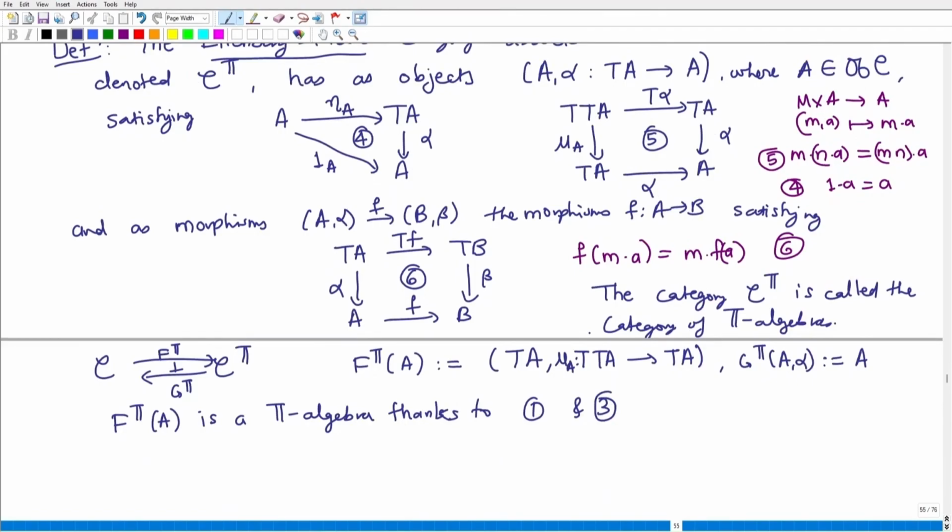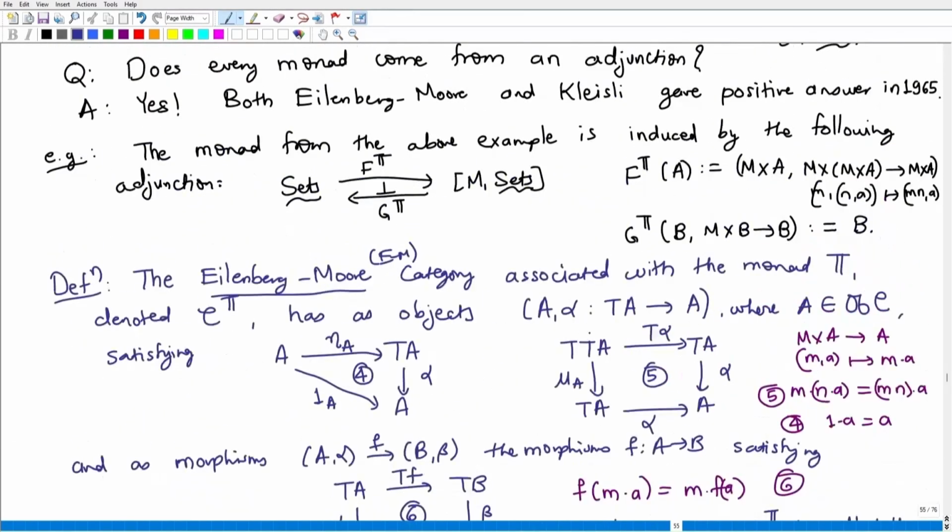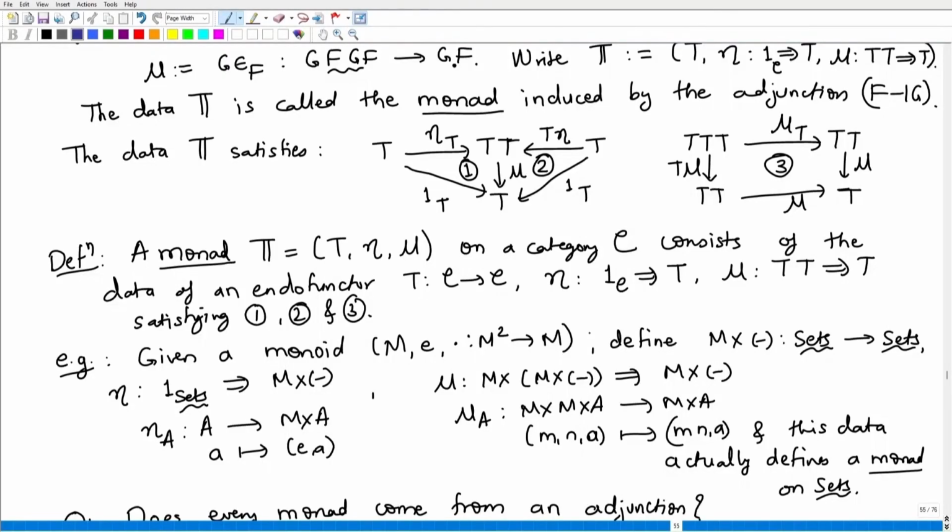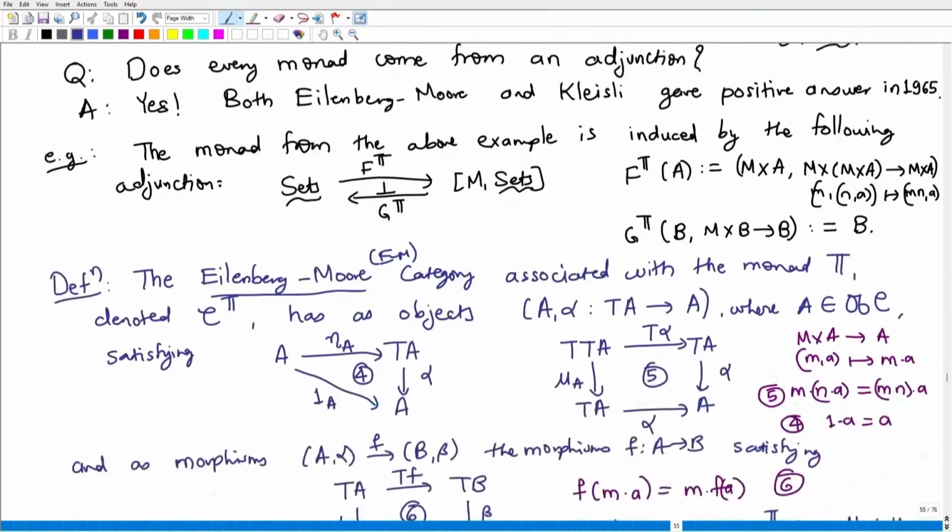Vertically we are going to take mu A, and horizontally we are going to take eta sub T, which is precisely diagram 1. And similarly, look at diagram 3. Diagram 3 is exactly what we need for diagram 5. We are just replacing A by TA. So all the things are happening internally, and alpha is mu.